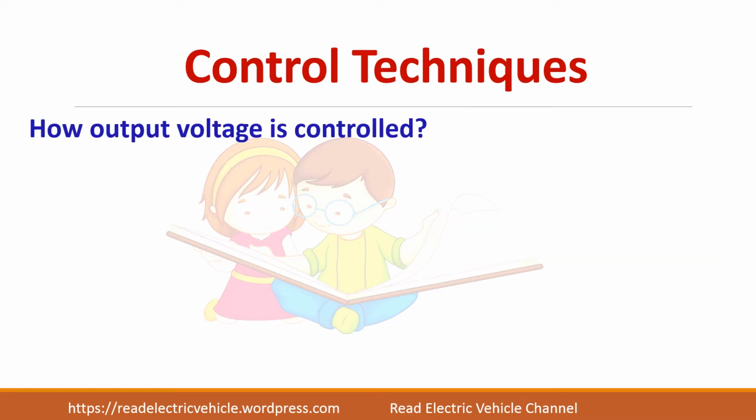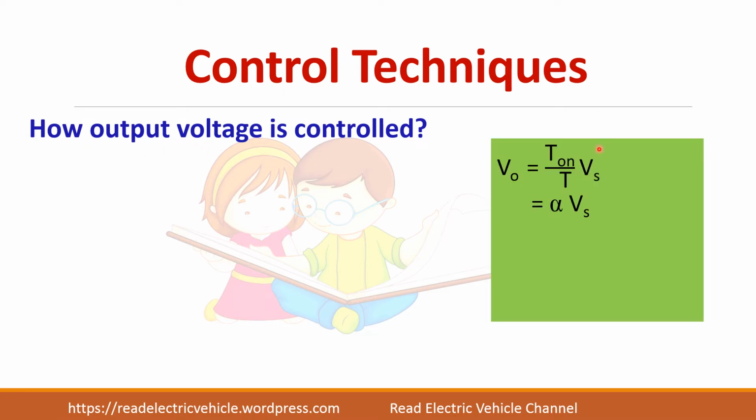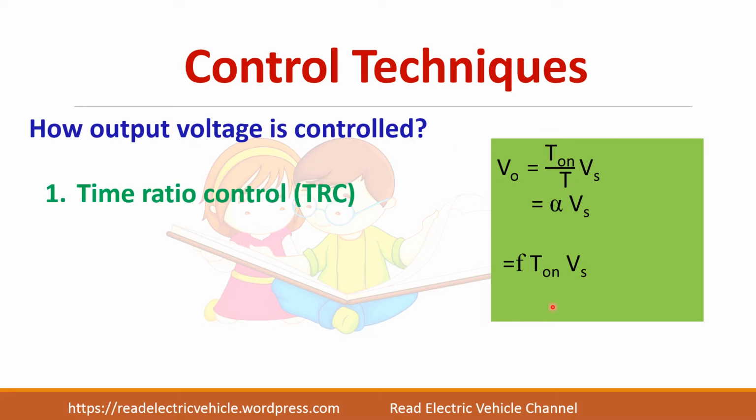Next is the control techniques, or how we are able to control the output voltage. We have seen that V0 is directly proportional to alpha into Vs. Alpha is nothing but T on by T. That is, if we control the time period, we can control the output voltage. So there are two methods.